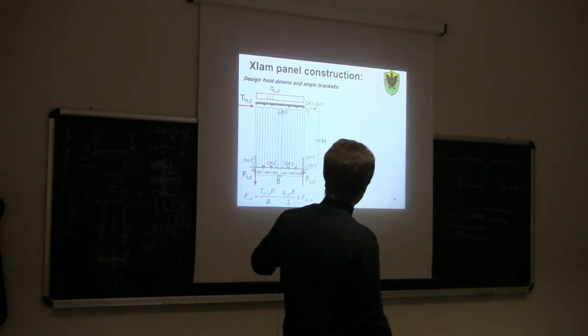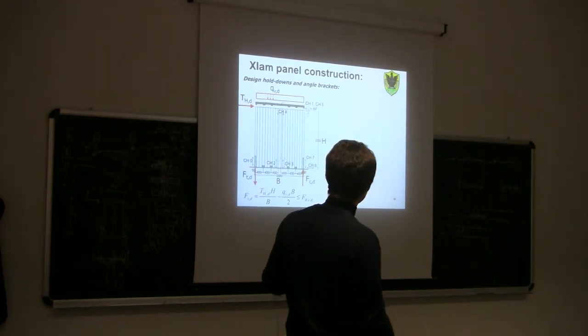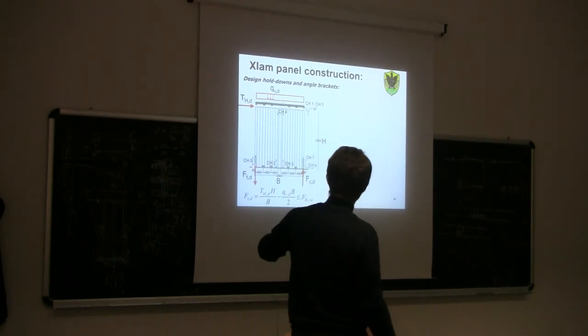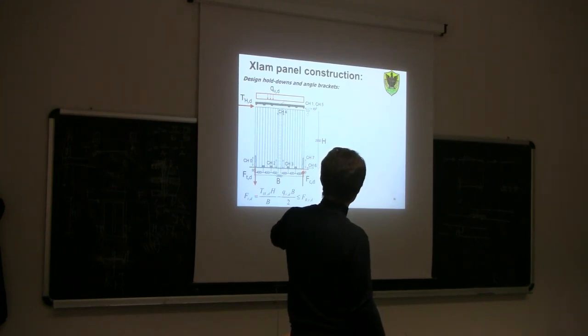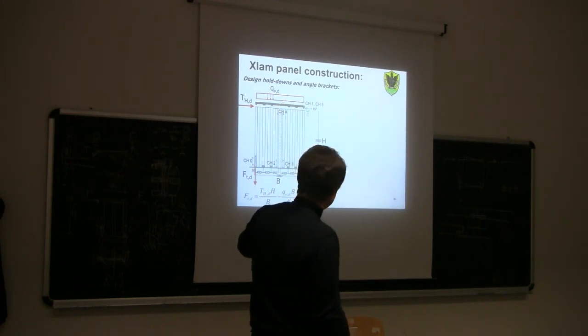So the hold-downs are calculated, as I was saying before, to prevent uplifting. So in order to design the hold-down, we basically calculate the bending moment with respect to this point. So if you want to find FTD, we calculate the bending moment with respect to this point here. So this would be THD times H minus QVD times B divided by 2, because this is the stabilizing bending moment of the axial force.